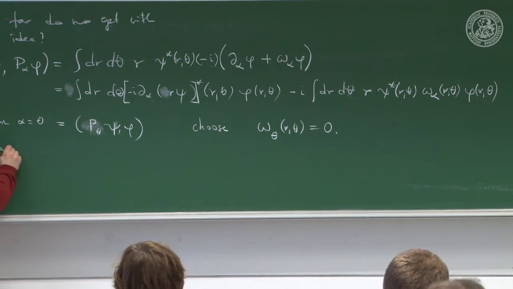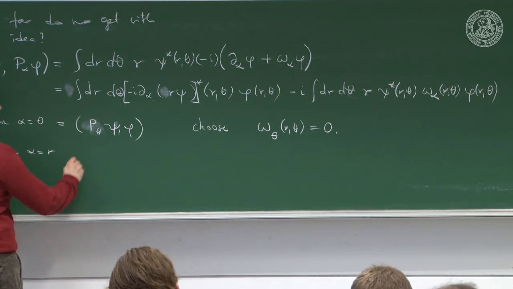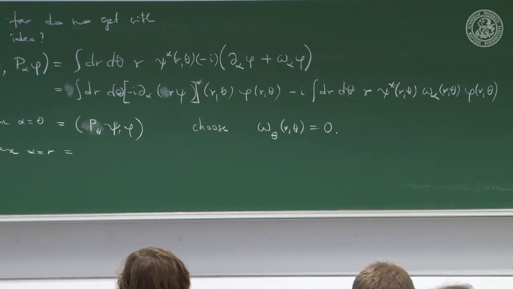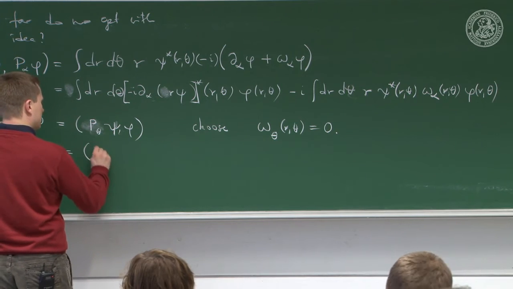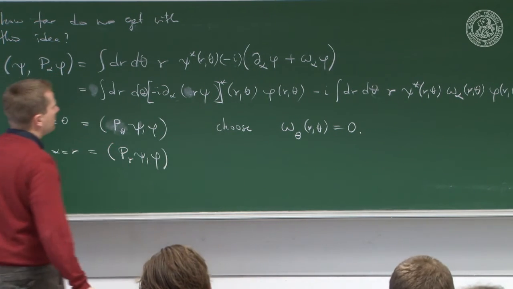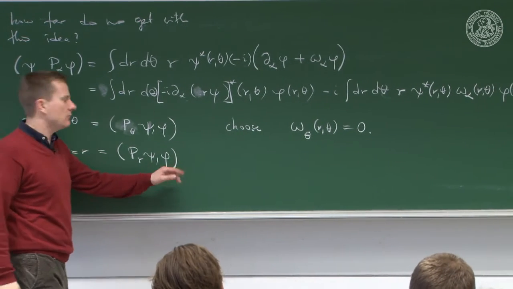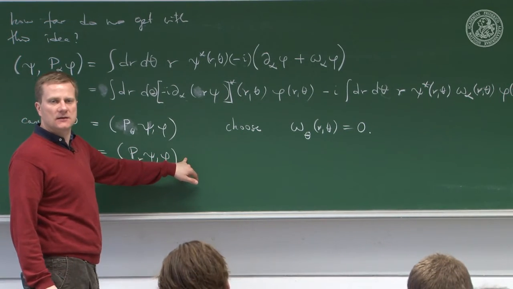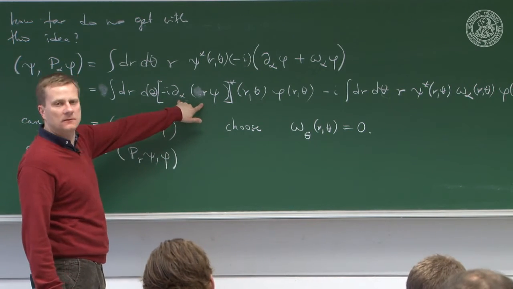But then we have the case alpha equals r, and unfortunately I erased it, but you know this also gives you a P r psi comma phi, but there was a correction term. Maybe you could tell me again what the correction term was that we had before for this.